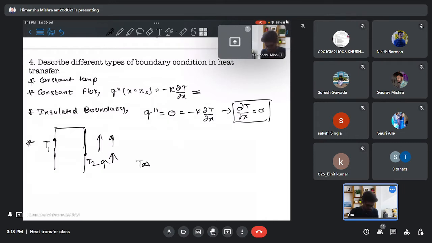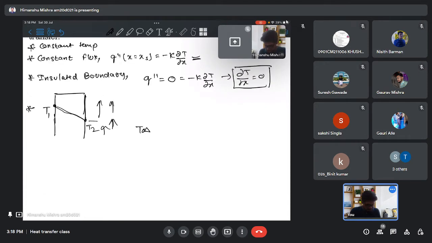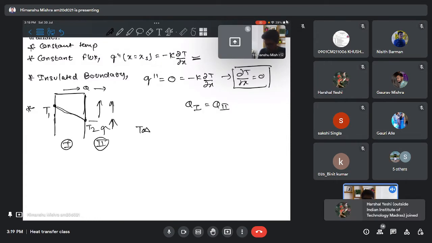First, in the slab it is due to conduction, which is governed by Fourier's law, and in the fluid it is due to convection, which is governed by Newton's law. However, the heat transfer will be the same in both modes. Let's say I have defined these regions as 1 and 2. So the heat transfer in 1 will be equal to the heat transfer in 2.